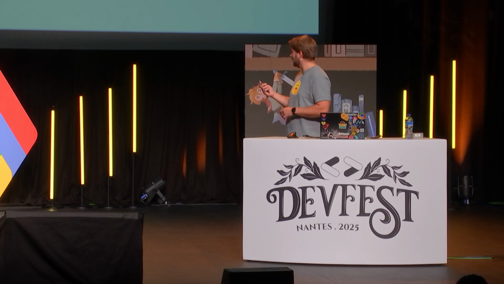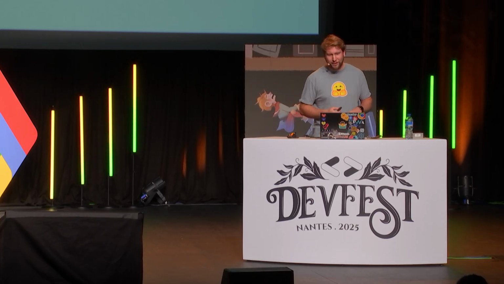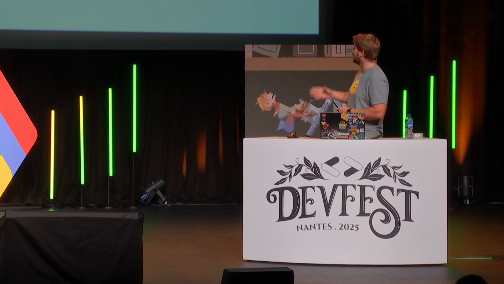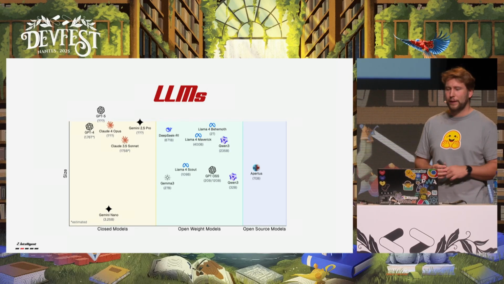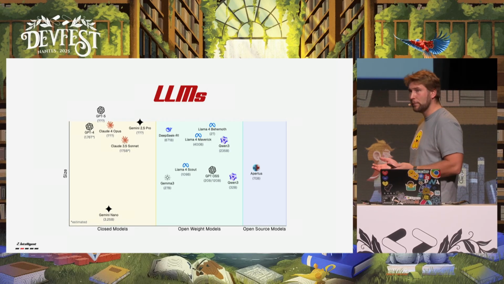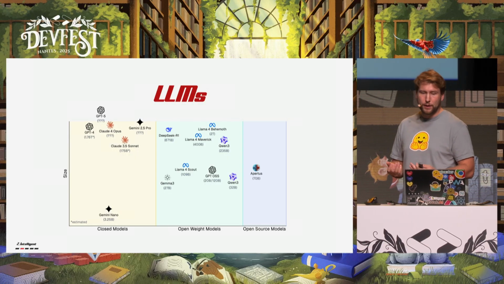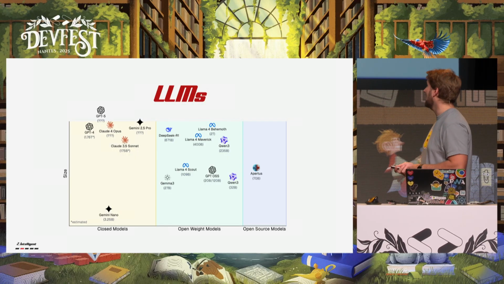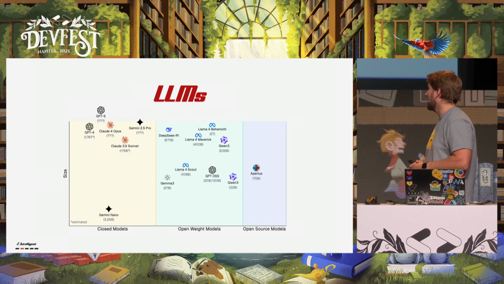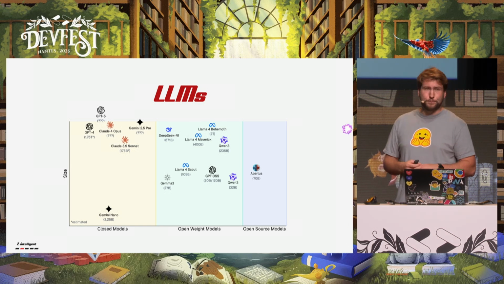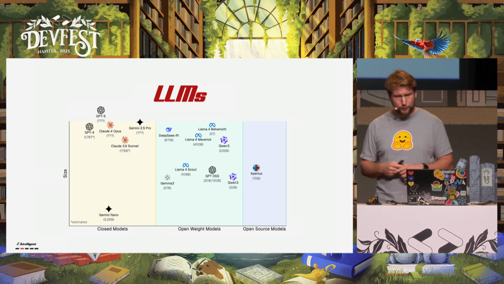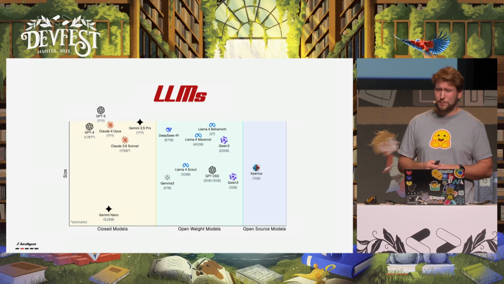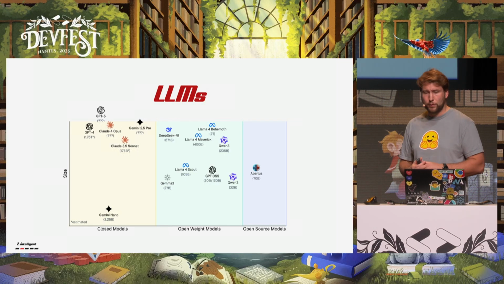There are open weight models, and open weight means that the trained weights and also the architecture are open source, so we are allowed to use them. There's, for example, Meta with the Llama models. There's Google with the Gemma family, and also OpenAI with the GPT OSS, which is an open weights model family.